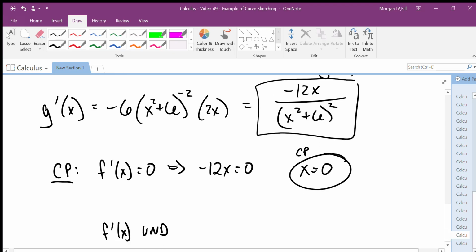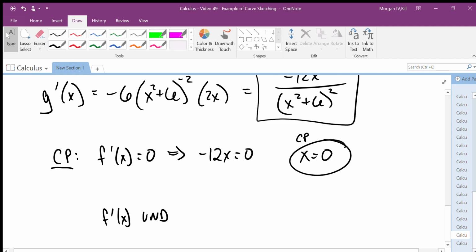Critical points also happen when the derivative is undefined. That's, in this case, going to occur when my denominator is equal to 0, because if you divide by 0, that's undefined. If I take the square root of both sides, I get x squared plus 6 equals 0.